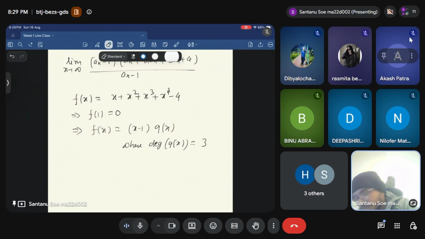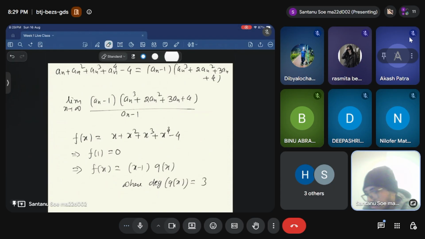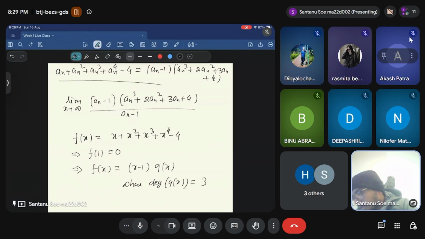So the main question was how did I get the factor, right? How do I get this one? Correct? This was the main question, right? So now it is clear, right? So that's why initially I wrote it like this, because if you write an as x, then it will be much easier to explain, much easier to understand for you and for me as well.